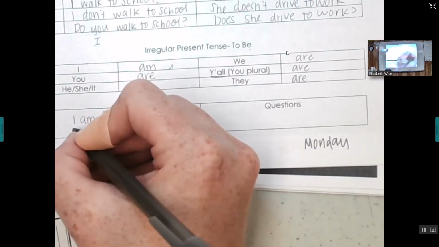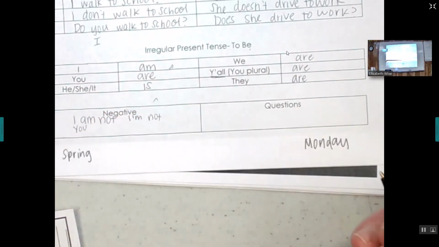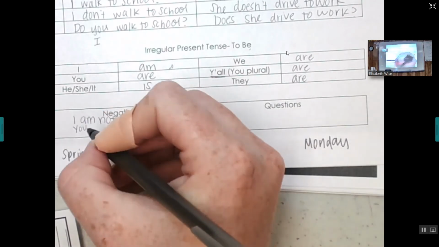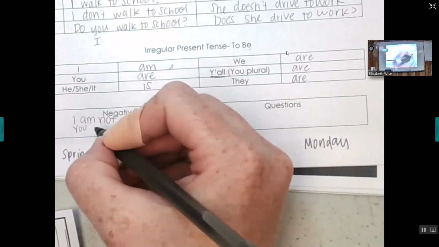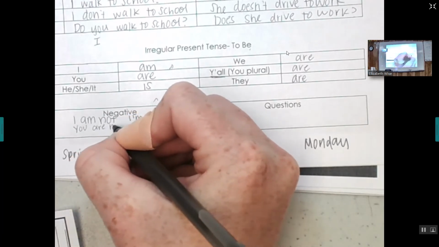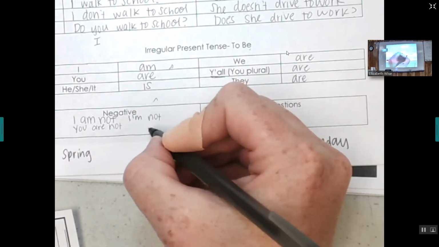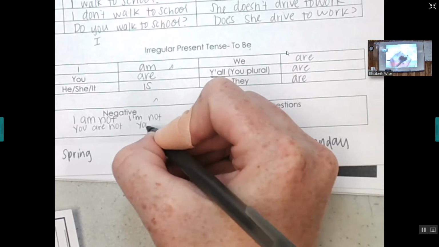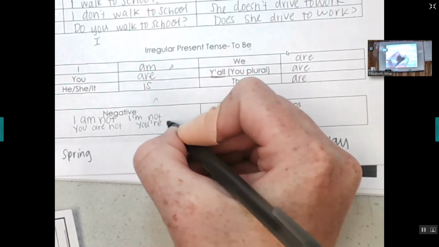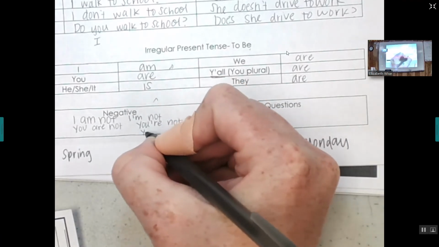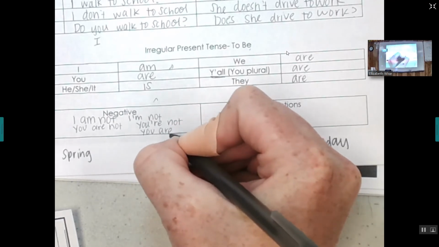Let's do, okay, what would you... negative, you are not. So you just put the not after the verb. Okay? So you could say you're not or you aren't.